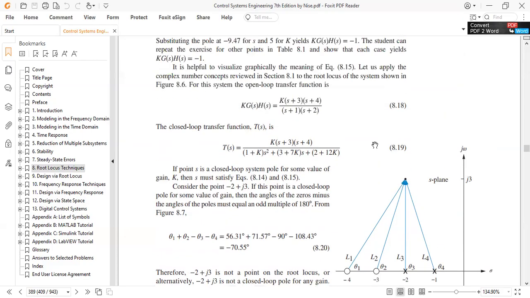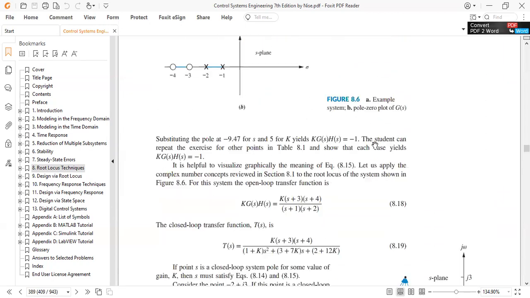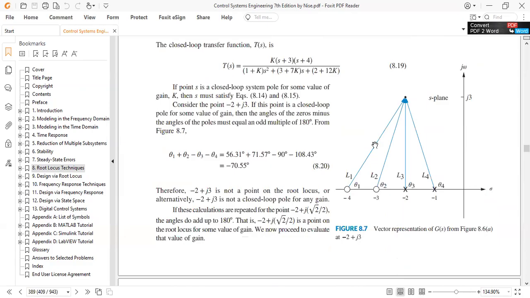Why is that so? Because zeros come in the numerator, whereas poles come in the denominator. So the angle contribution by the zeros is positive, whereas the angle contribution by the poles is negative. Is this clear to all?